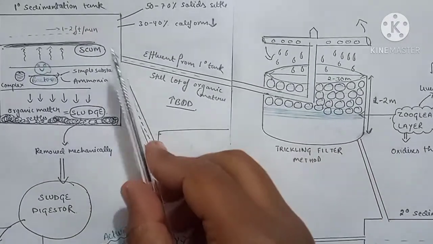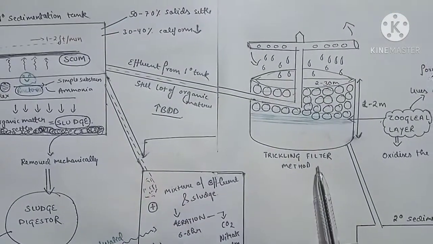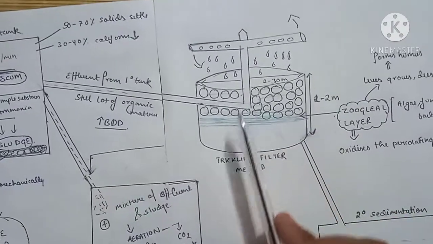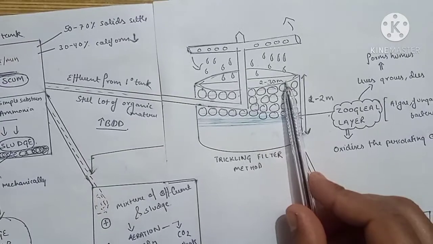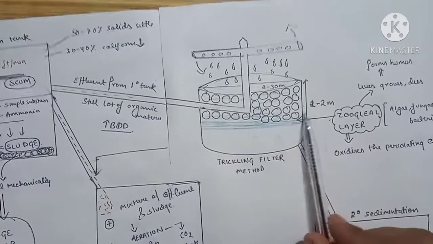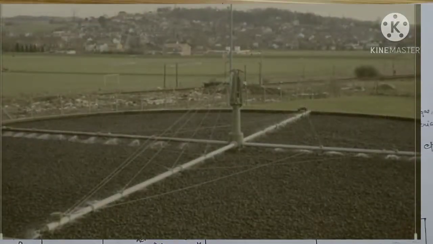So if we send the effluent from the primary sedimentation tank into the trickling filter, okay, try to imagine a large stadium-like thing that is around 2 to 30 meters in radius, and less in depth, that is 1 to 2 meters. As you are seeing in this image, this is like a large ground.